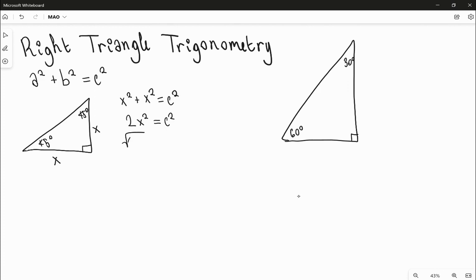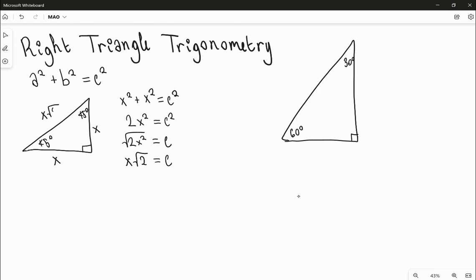If you took the square root of 2x squared, that's equal to c, but you have that x squared inside, so you can take that out, and that gives you x square root of 2 is equal to c. That will be true for all of these triangles; whatever you plug in for x, you can solve for that.